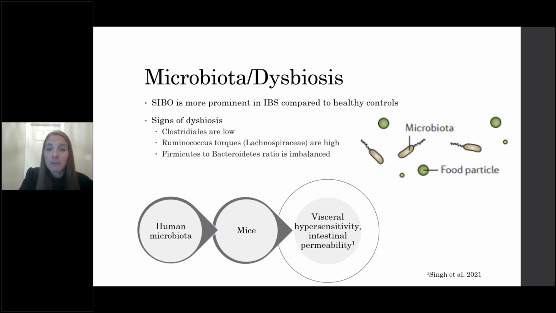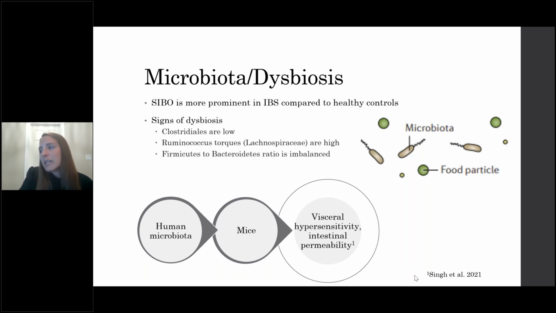Some are related to different families being in a higher or lower magnitude compared to healthy controls, or the ratio of different types of phyla being different compared to healthy controls. And so it seems that dysbiosis is common in IBS. The exact prevalence, I'm not 100% sure we know because of lots of the limitations with testing that I had just mentioned on the previous slide.